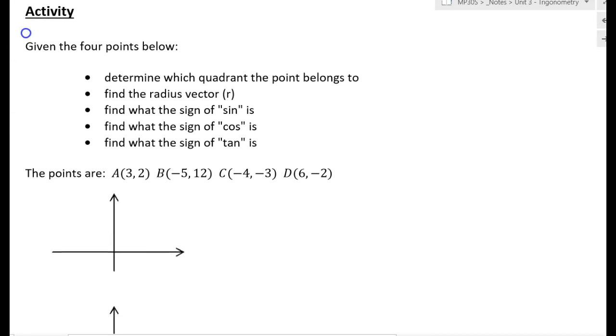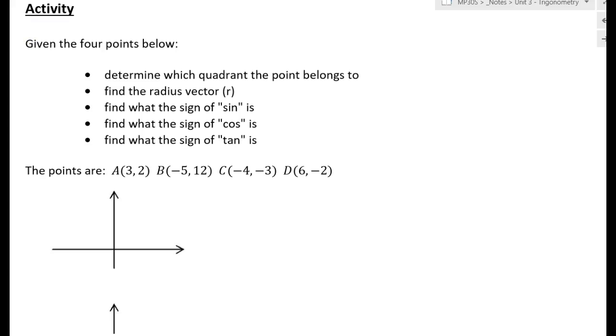So what I'd like you to do before we continue is go through this activity, and what you're asked to do is find the radius vector, so r. You're also going to determine the sign, whether it's positive or negative. But before you can do any of that, you're just deciding and identifying which quadrant it's in.